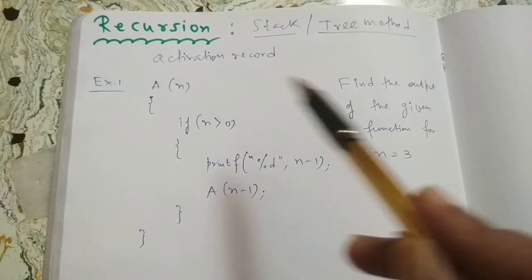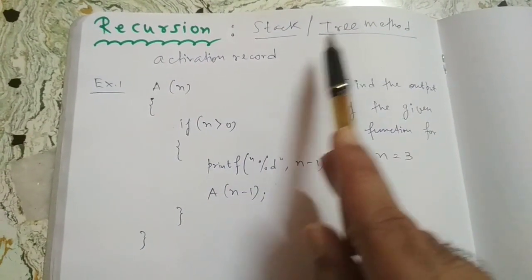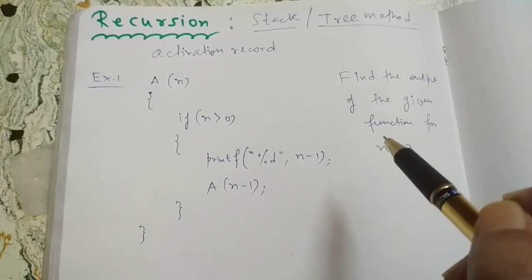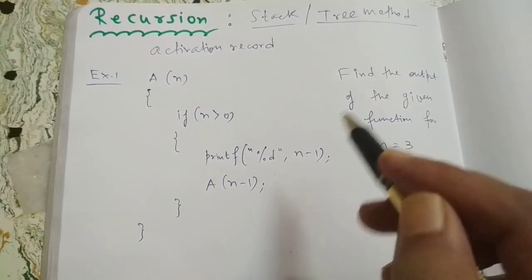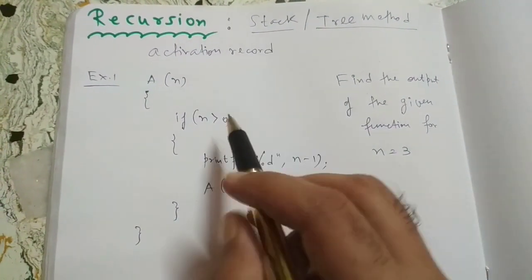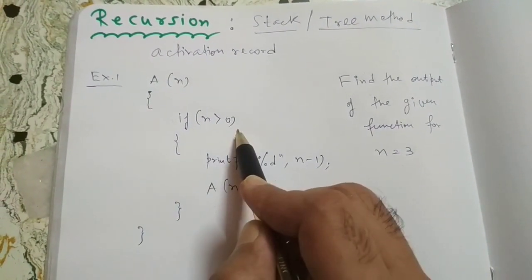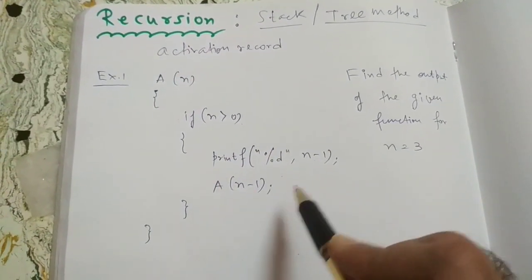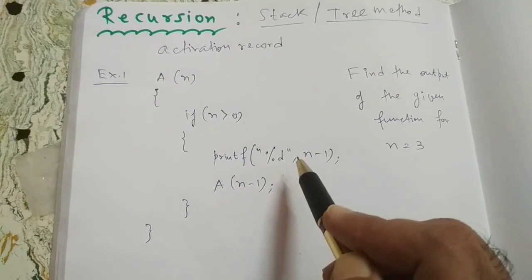Let's see how we can use the stack approach as well as the tree method to find the output. Before I proceed, just keep one thing in mind. This is the condition: if n is greater than 0, you come inside the body of the if and carry out certain computations.